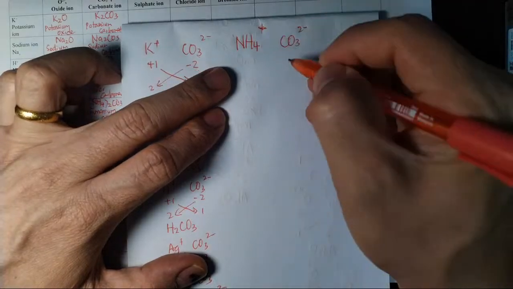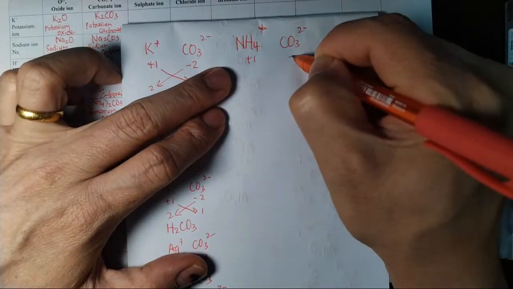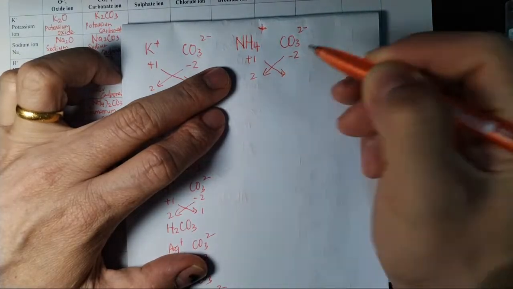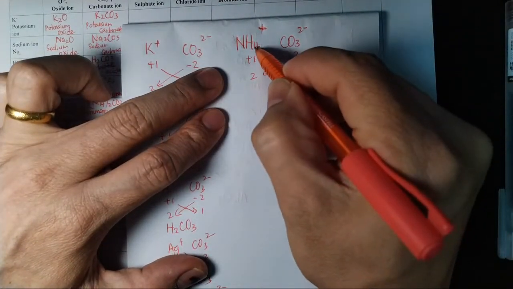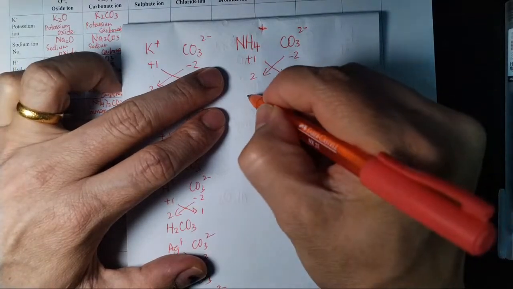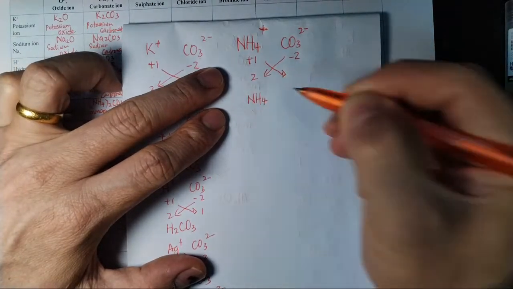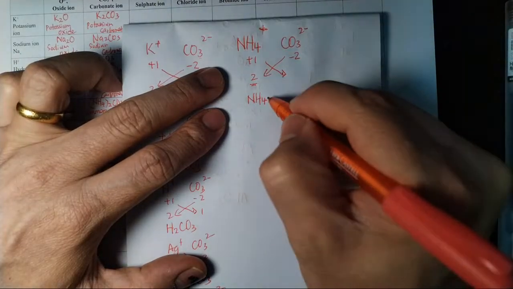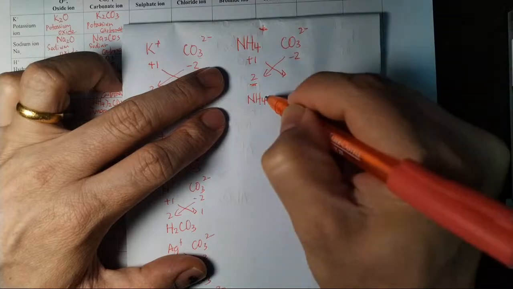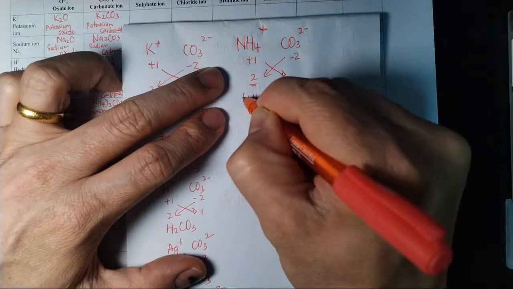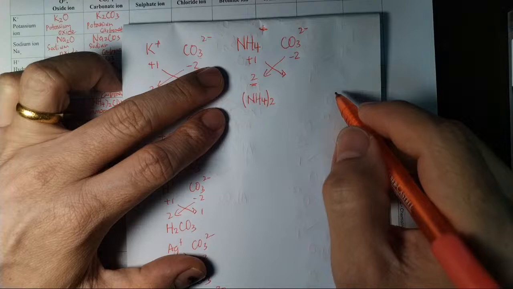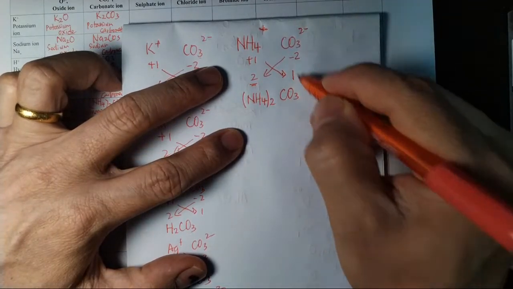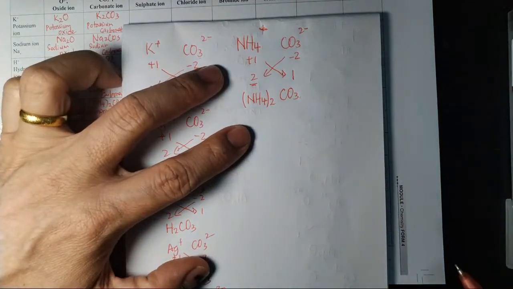So we take the number positive 1, this one negative 2. So interchange it. 2, this one 1, right? So class, you see here, ammonium is NH4, right? Then it needs to have 2. So you cannot write like this, correct? So definitely you need to put a bracket for it. Then carbonate CO3. CO3 here is 1 only. So if 1, no need to put a bracket.